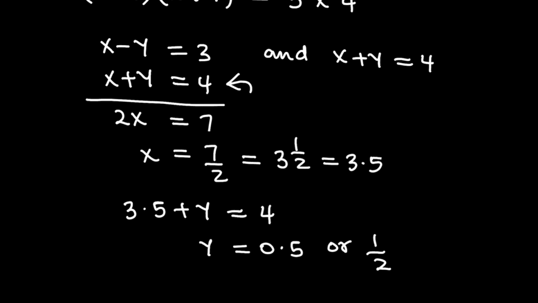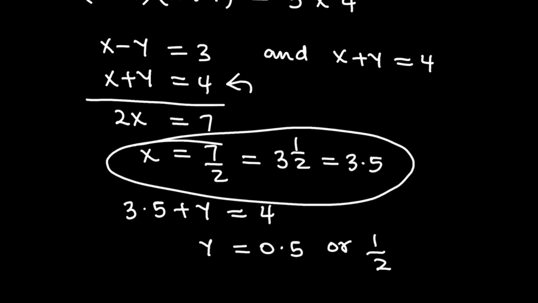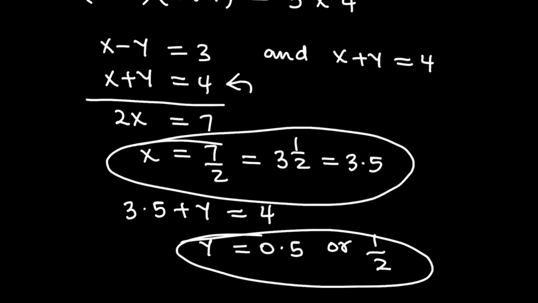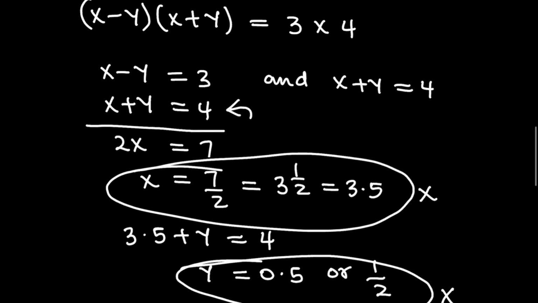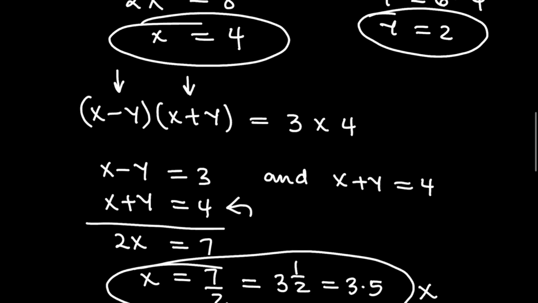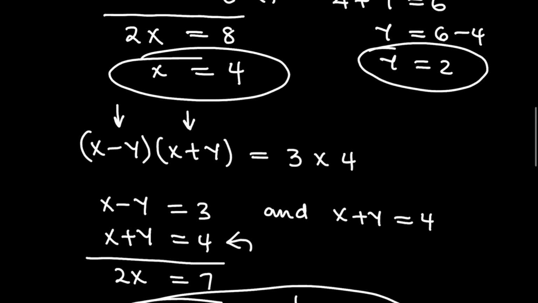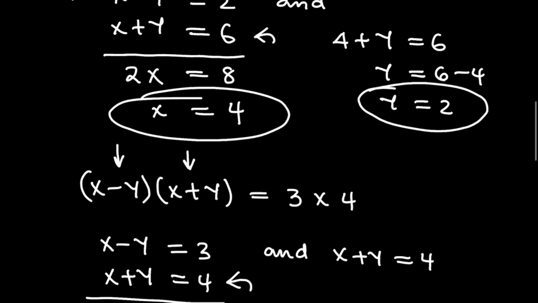So like I said, if what is expected is a natural number, then this solution is also not accepted. So we've tested the 3 possible combinations of factors, and we can now confirm that only these two, x equals 4 and y equals 2, are accepted solutions.